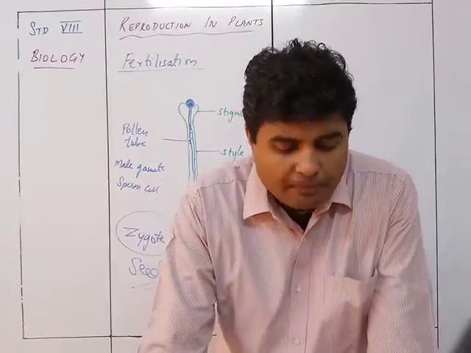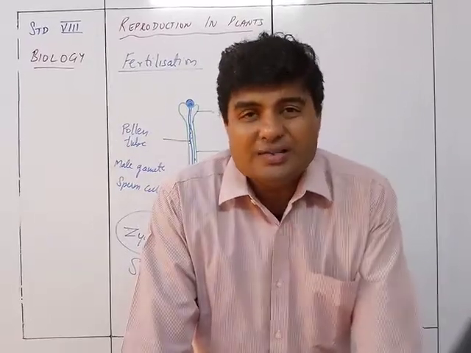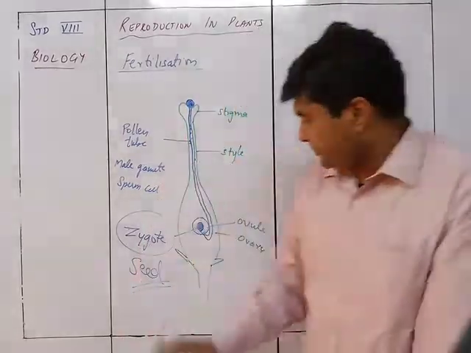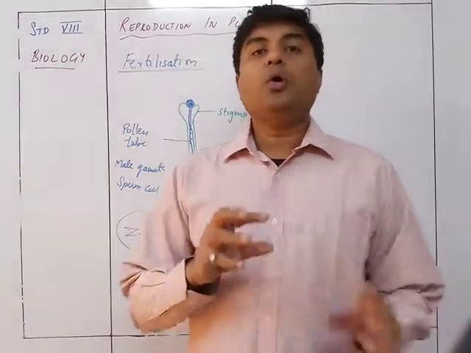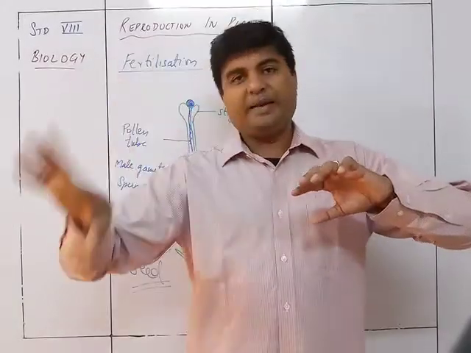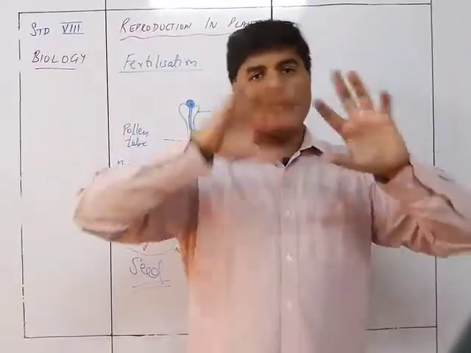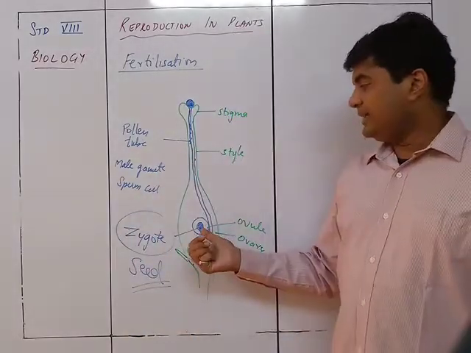The ovule containing the fertilized cell develops into a seed. So what is going to happen to this particular ovule later on? The whole flower is going to wither off. Its petals, its carpels, everything is going to wither off. What is going to remain are these ovules.